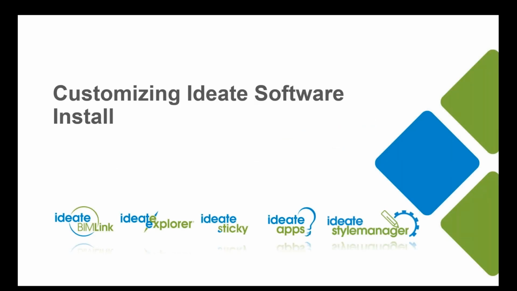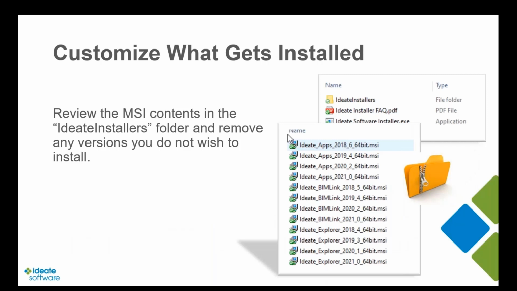Most of the people will be customizing Ideate software. We know that not everybody installs everything, not everybody needs everything. The simplest way of customizing is you can open that Ideate installers folder, and you'll find the individual MSIs, and you just delete some of them or move them away. If you don't use 2018, I'll take all the 2018s out.